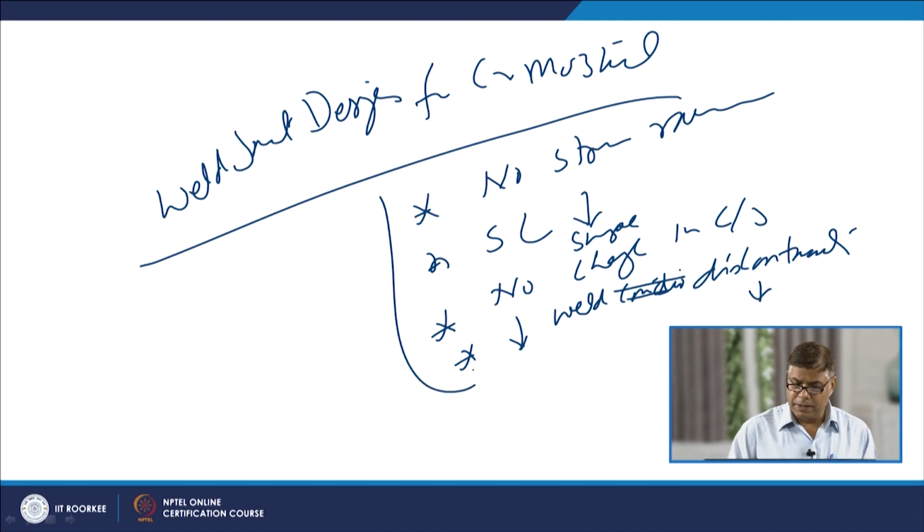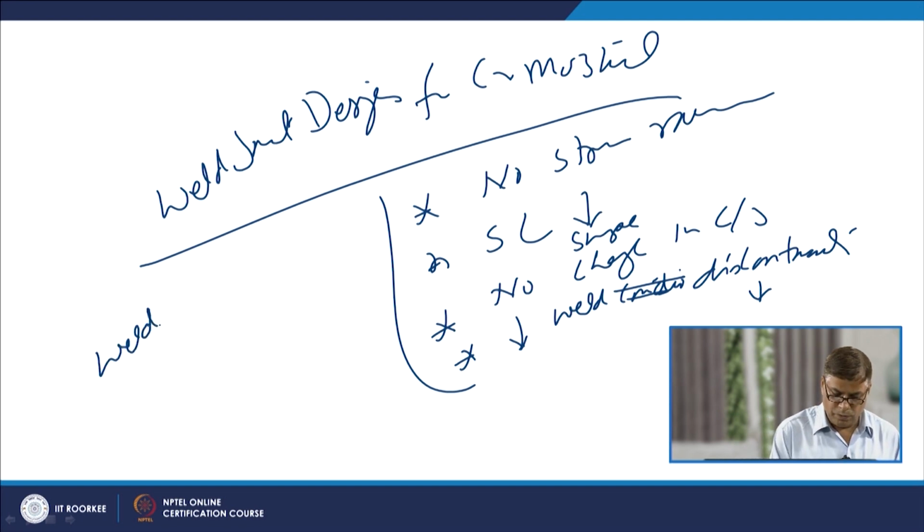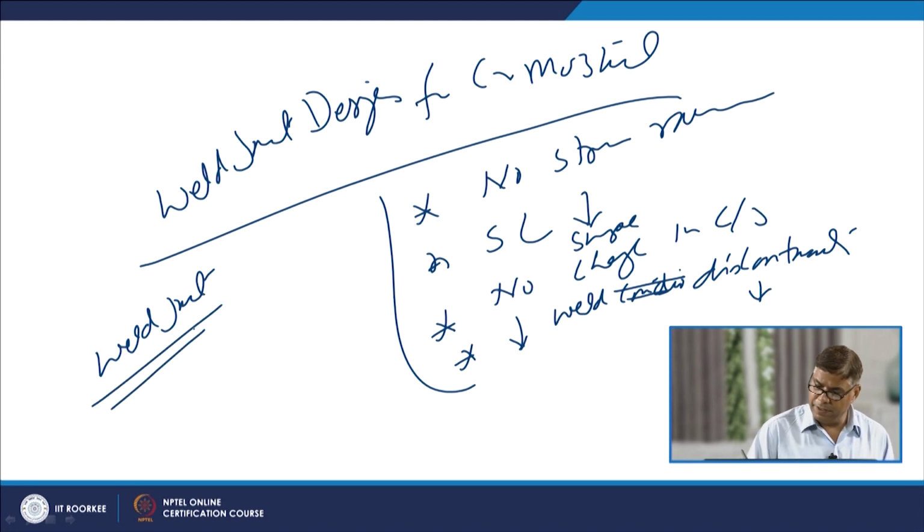Because these kinds of weld joints are less tolerant to the discontinuities and the stress raisers, we need to select the kind of weld joint which will reduce the tendency for all these stress raisers.